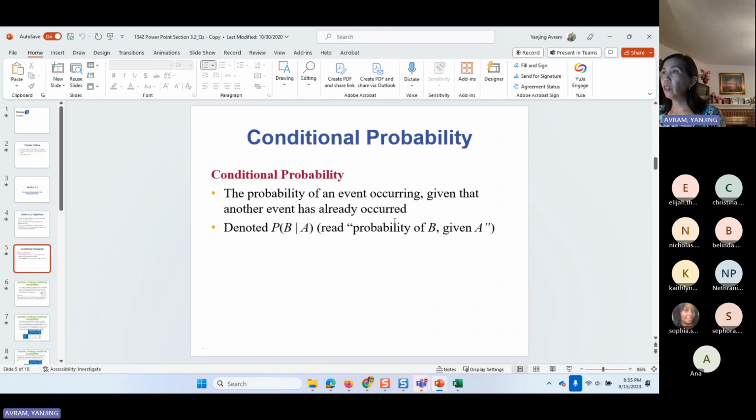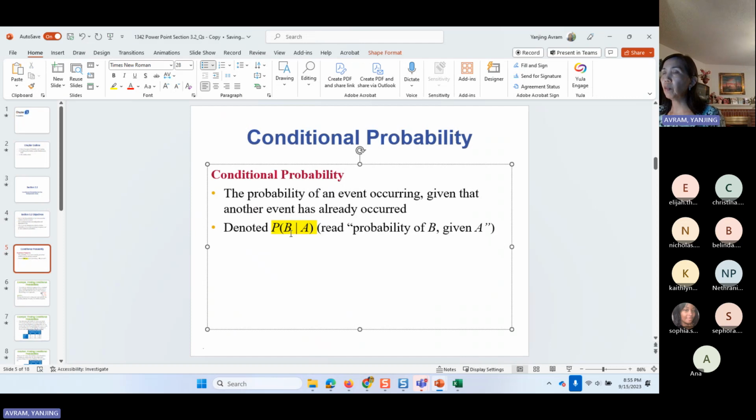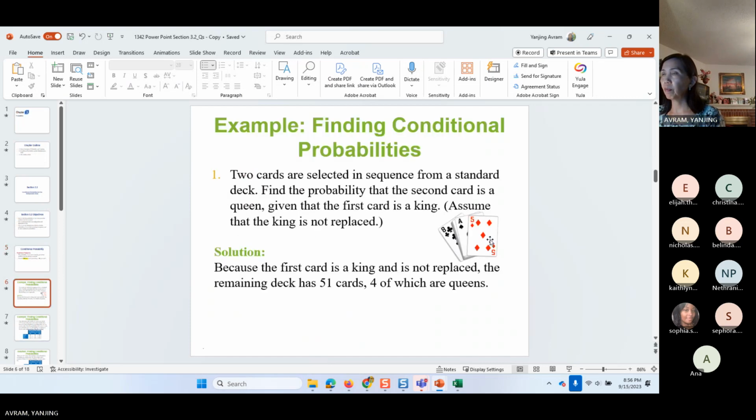For conditional probability, we use this symbol: P of B given A. This is read as the probability of B given A has already occurred. For example, the probability of getting the flu given you already got a flu shot. So let's see how we find this type of probability.